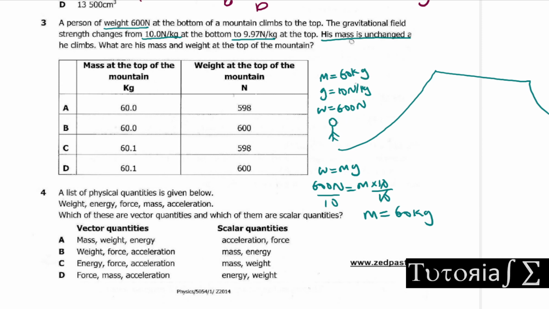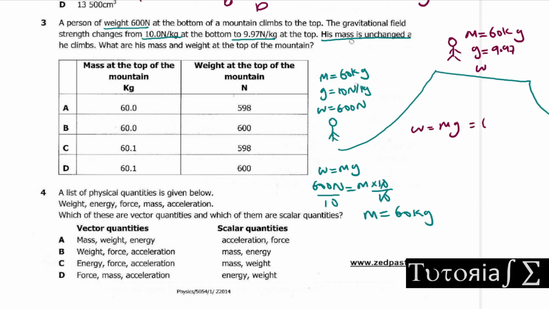This person decides to go to the top of the mountain. His mass is unchanged, so the mass still remains 60 kg, because mass does not change. The gravity we've been given is 9.97. We are looking for the weight at the top. Weight is equal to mass times gravity.